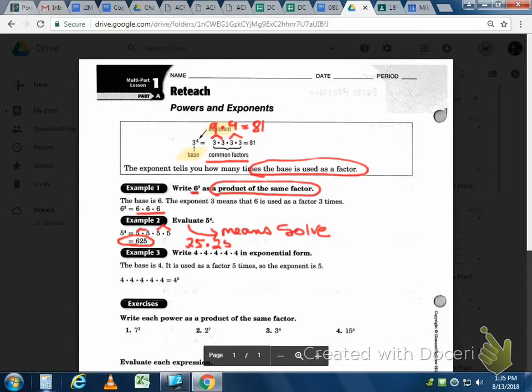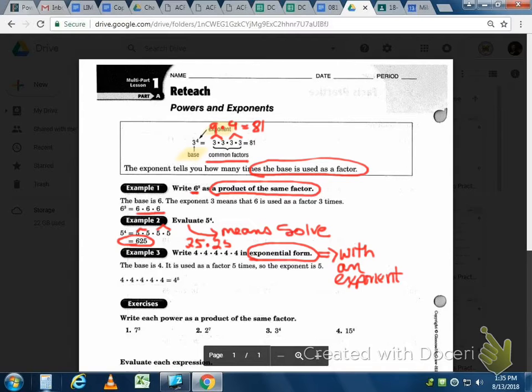So write as a product of the same factor means write it out: this is the base that many times. Evaluate means you're going to be doing some multiplication. And then write 4 times 4 times 4 times 4 times 4 in exponential form. Exponential form means with an exponent. Go ahead and write that in your notes.